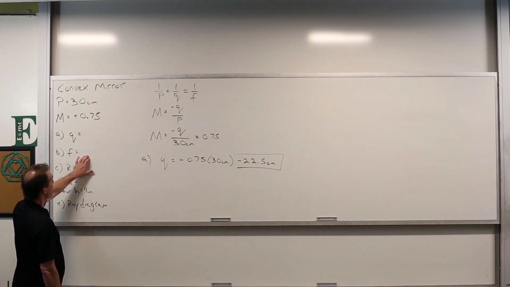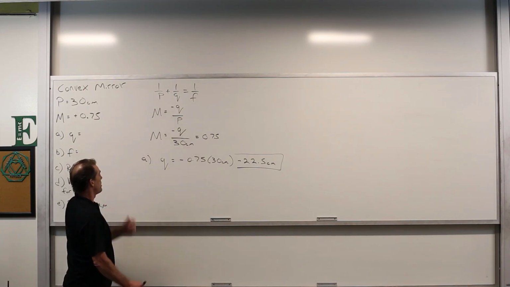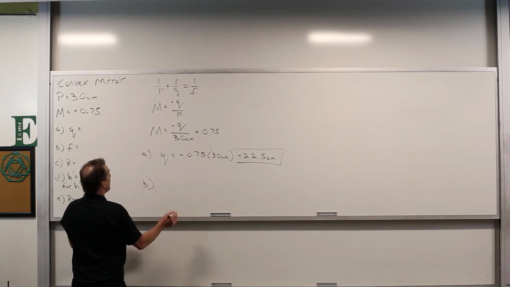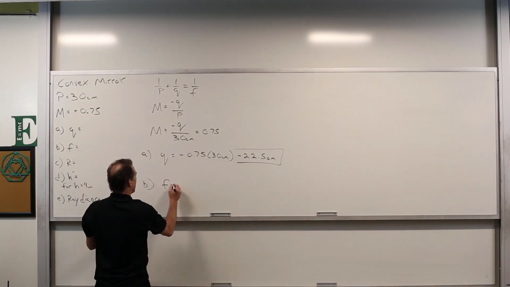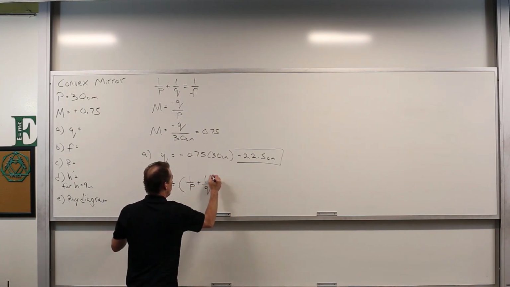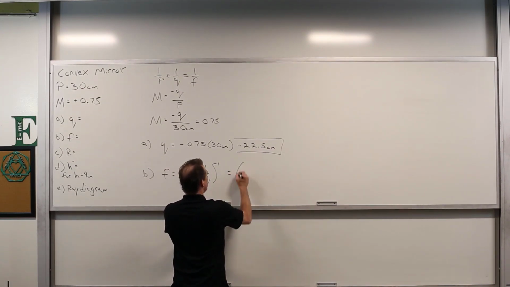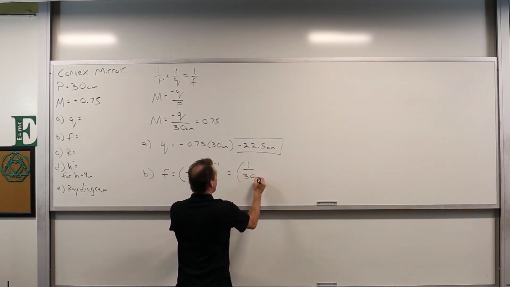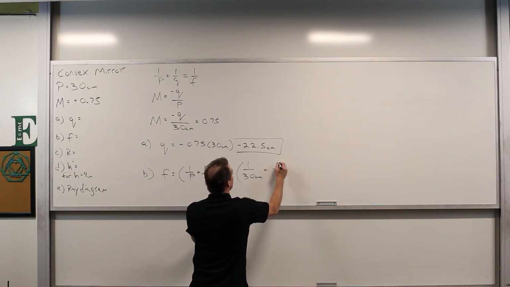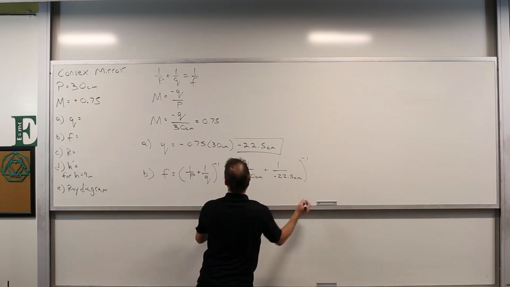Then we're off to figure out what the focal length is. We can just get it from that first expression. We'll just invert it, right? We can write that F is equal to the quantity of 1 over P plus 1 over Q, to the negative 1, which gives us 1 over 30 plus 1 over negative 22.5, to the negative 1.